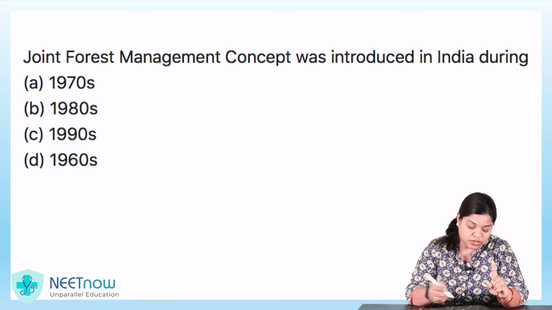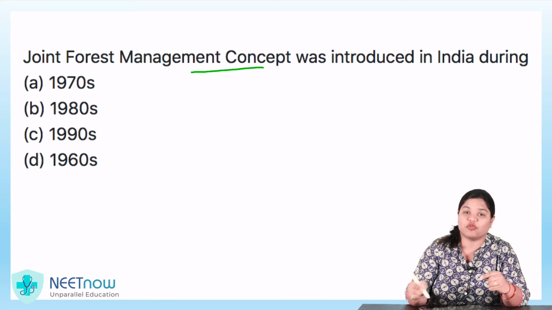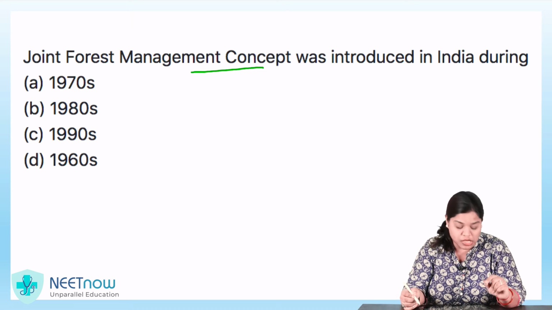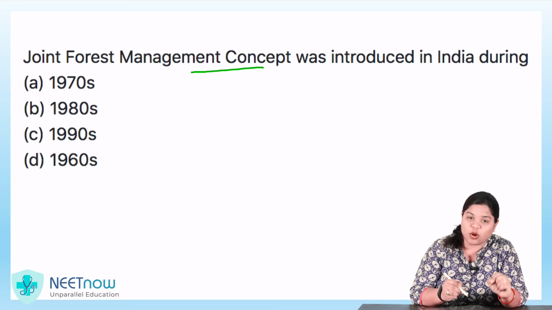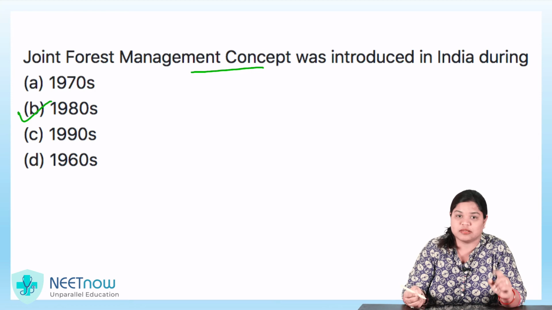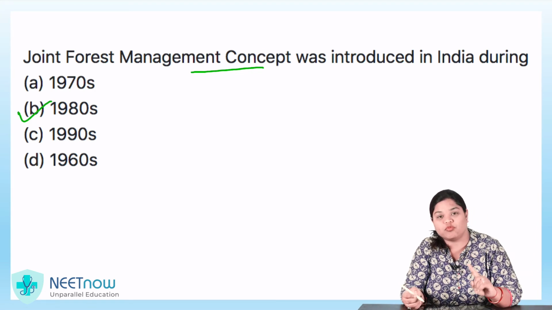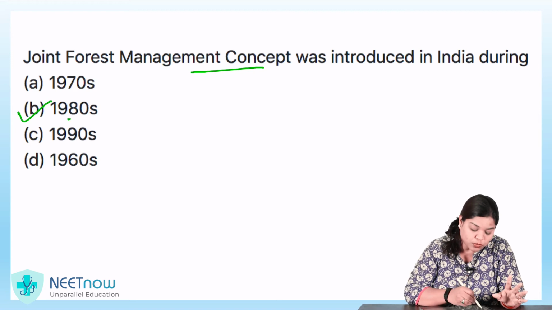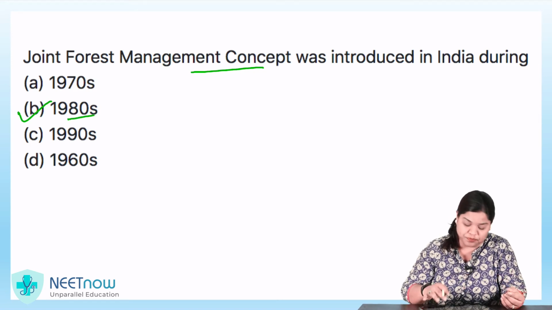The joint forest management concept was introduced after the Chipko movement. So the correct option will be 1980s. Joint forest management came into being after the Chipko movement held by the Garhwal women for the protection of the trees. So your correct option is option B, 1980s.